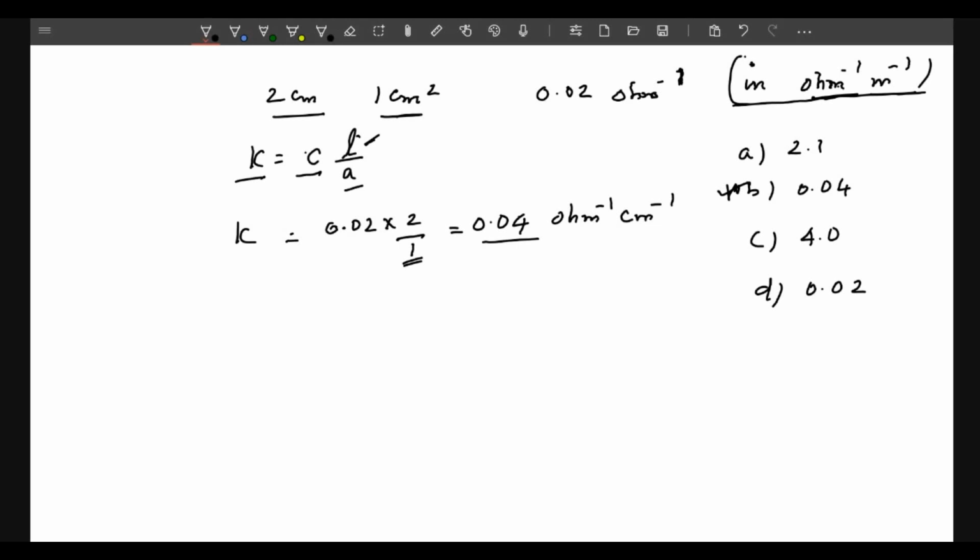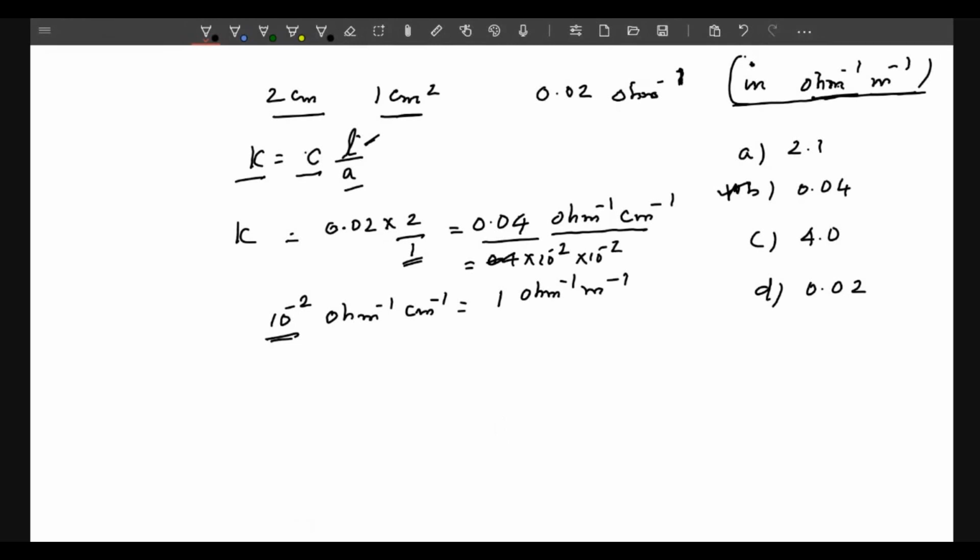What is the relationship? 10 power minus 2 per ohm per centimeter is equal to 1 per ohm per meter. Therefore, in per ohm per centimeter, you should multiply 0.04, that is 4 into 10 power minus 2, with 10 power minus 2.